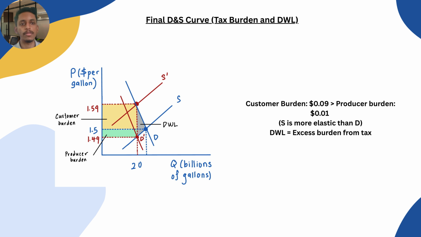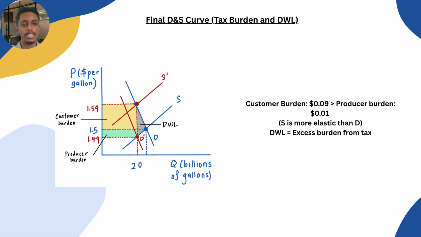In the previous slide, we saw the tax drives a wedge between the price buyers pay and the price sellers receive. So here we quantify the wedge. First look at the colored rectangles that represent the tax burden. The customer burden is in the yellow area, the price buyers pay going up from $1.50 to $1.59.